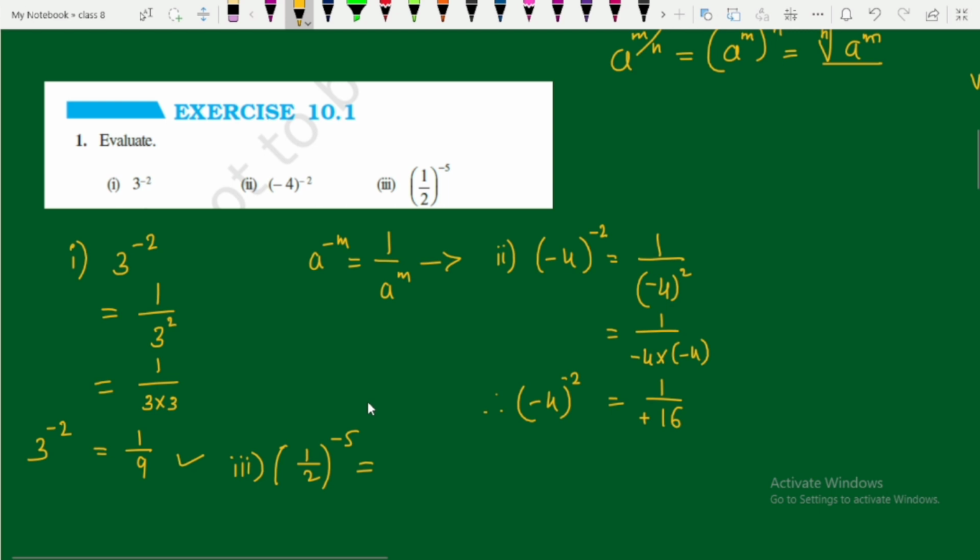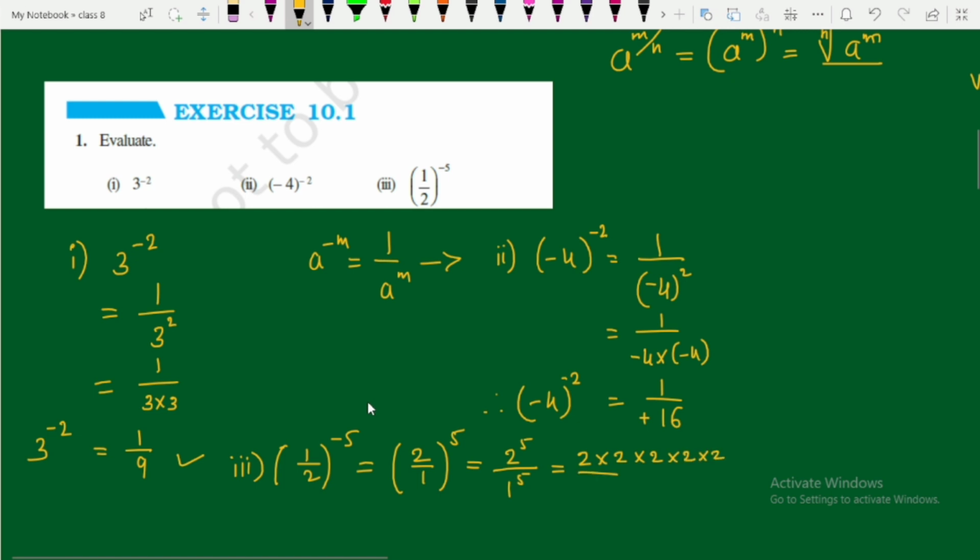Okay, so 1 upon 2 whole raised to minus 5 is there, so we are going to write 2 upon 1 whole raised to 5. Yes, so this will become a positive power. Now it will be a upon b whole raised to m, so we can write 2 raised to 5 upon 1 raised to 5. So this will give, 2 raised to 5 means you are going to multiply 2 how many times? 5 times.